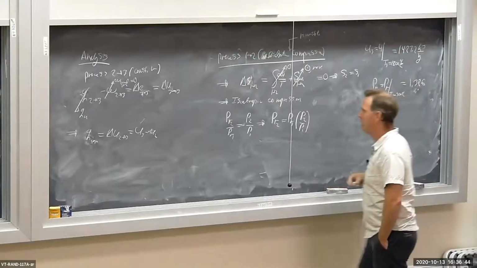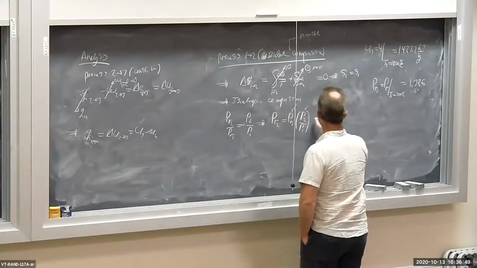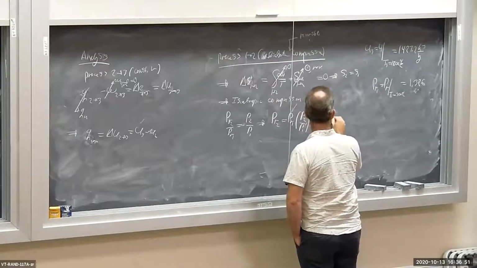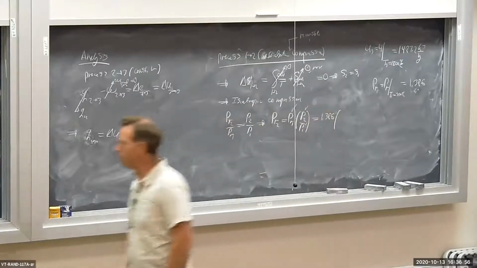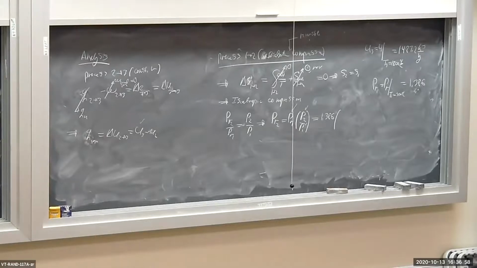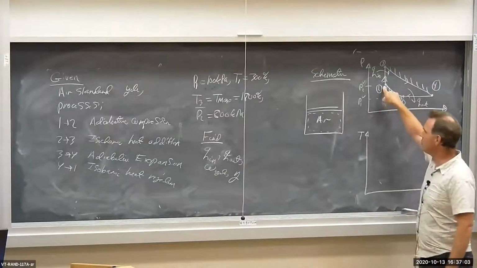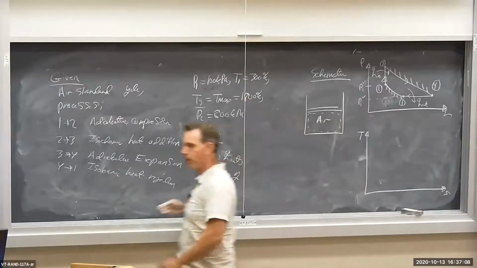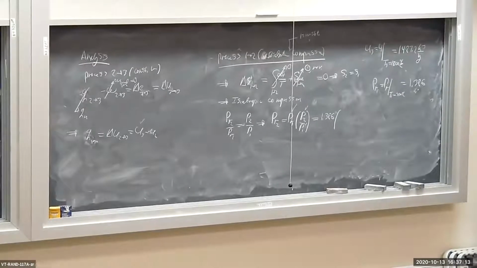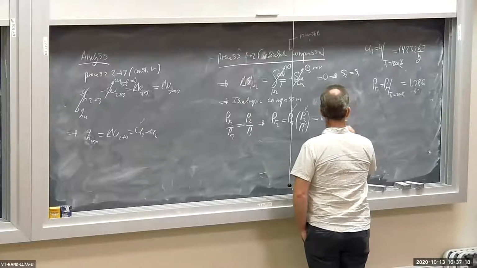Then 1.386 times P2, which is 800 kPa right at the end of my isentropic compression, over the initial pressure of 100.